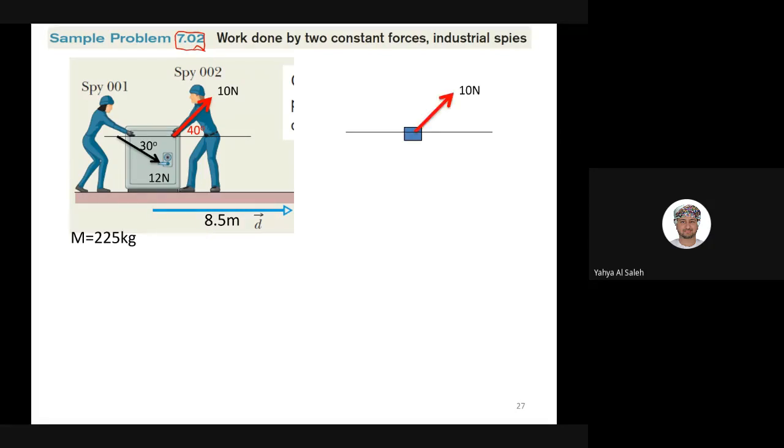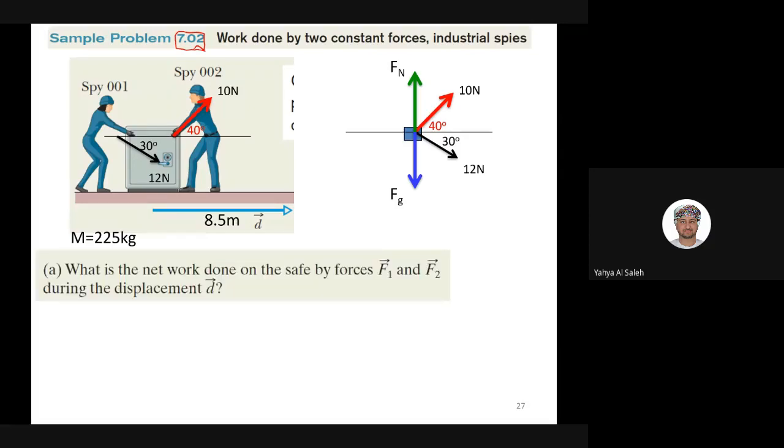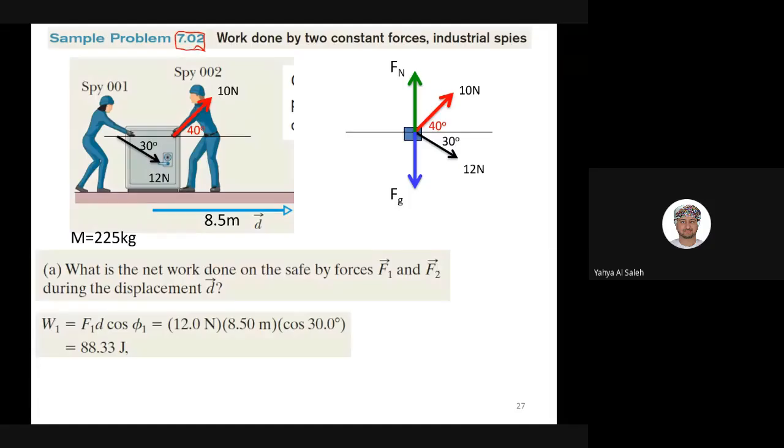Well, first things first, free body diagram. Now, since there is no friction mentioned, I'll leave friction out of it. A, what is the net work done on the safe by forces F1 and F2? Displacement is 8.5 meters. Theta is equal to 30 and 40 degrees. So let's do them on their own. Work done by force 1, F d cosine theta, 12 times 8.5 times cosine 30. That's 88.33 joules.